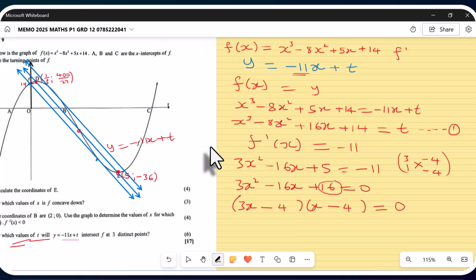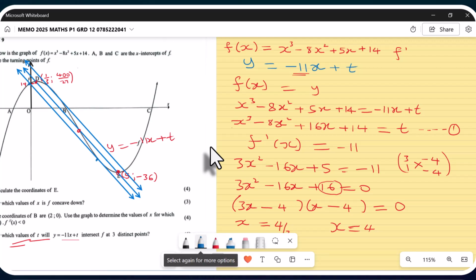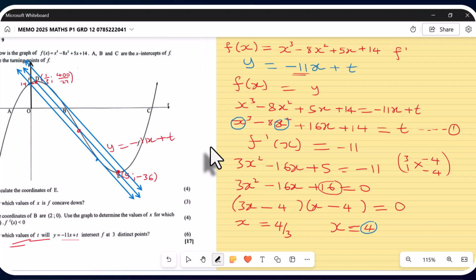This is 4 cubed, minus 8 into 4 squared, and then plus 16 multiplied by 4, and then plus 11. It gives us 14. So our first t is 14.